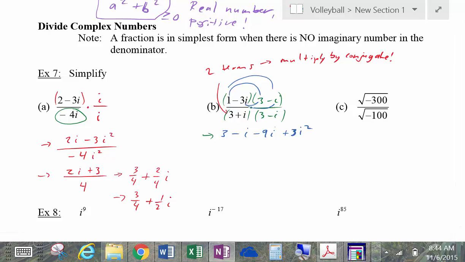Okay, on the bottom, when I FOIL, 3 times 3 is 9. Then I get a negative 3i, a positive 3i. And you know what? Multiplying by the conjugates, those middle terms will always cancel. And then positive i times negative i is negative i squared.